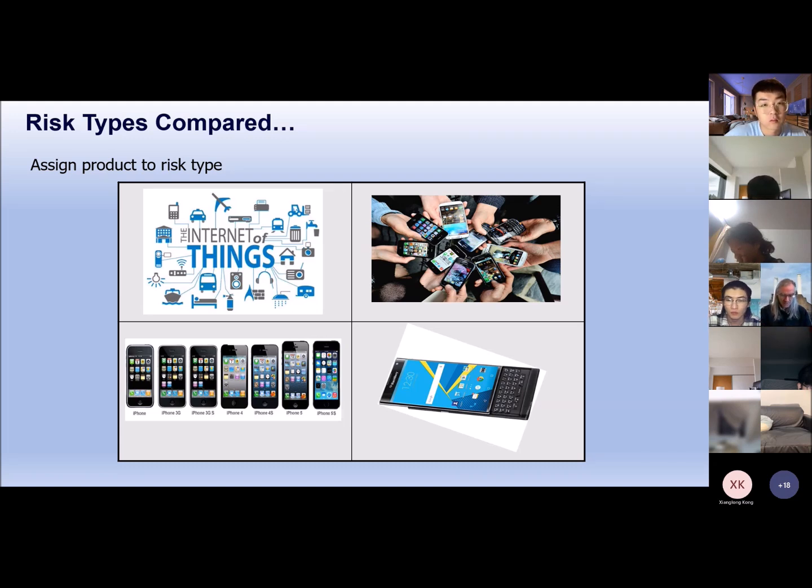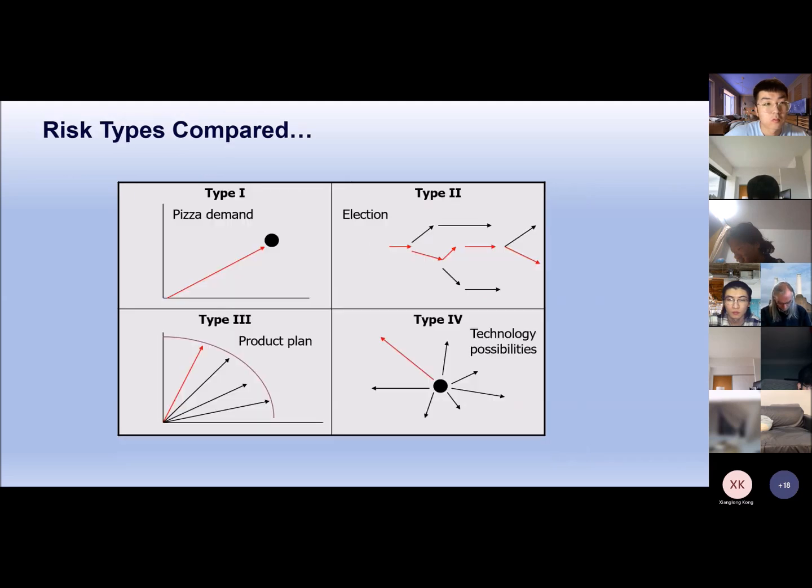So which one's which? Now, I'll go through this for you. The first one was the Internet of Things. Lots of possibilities there. Business to business, business to consumer. It's type 4. So it could go in any direction.